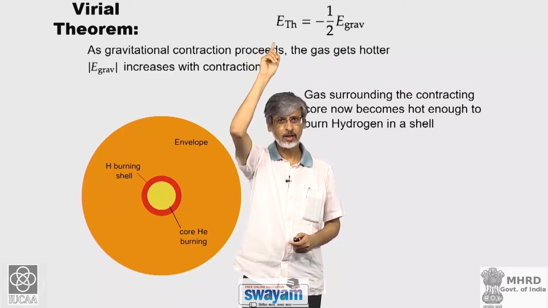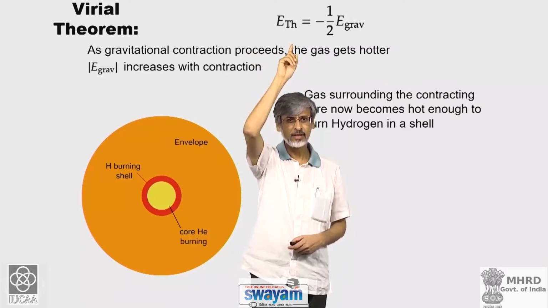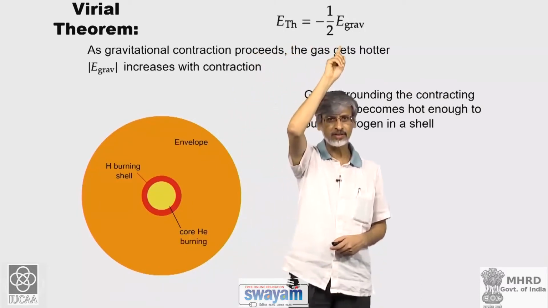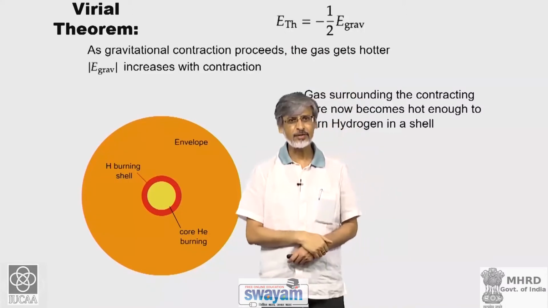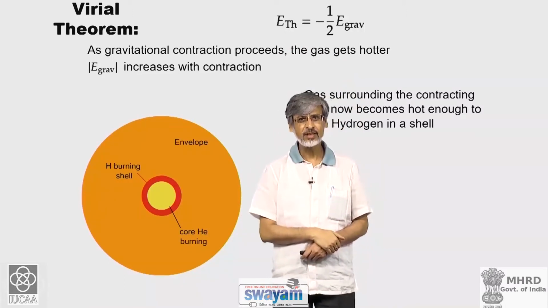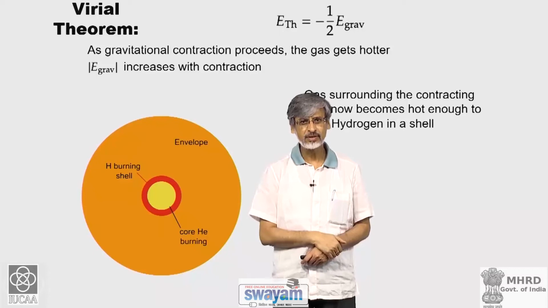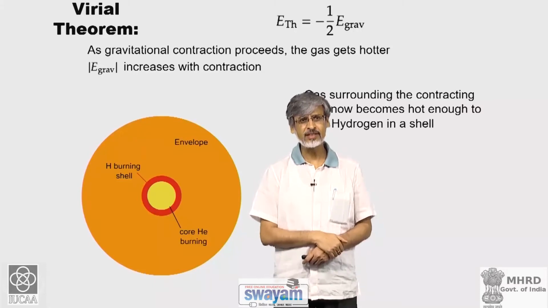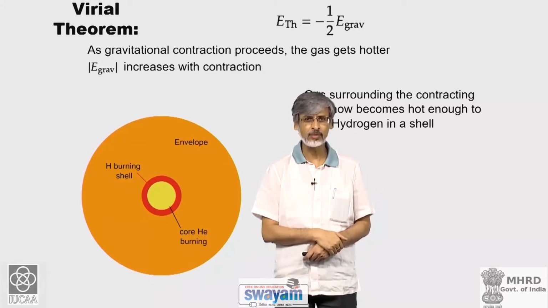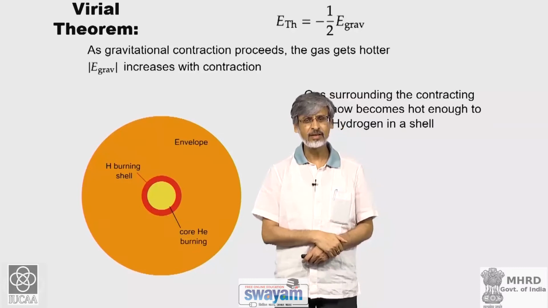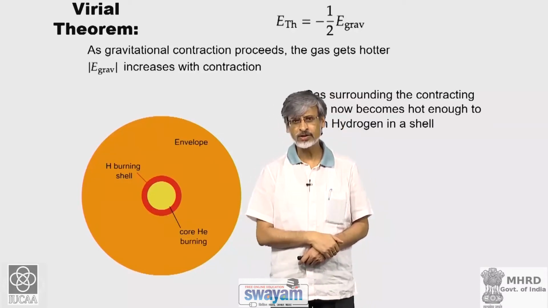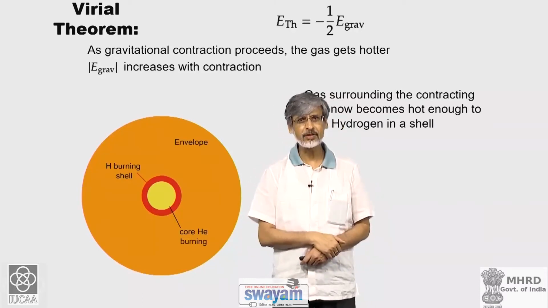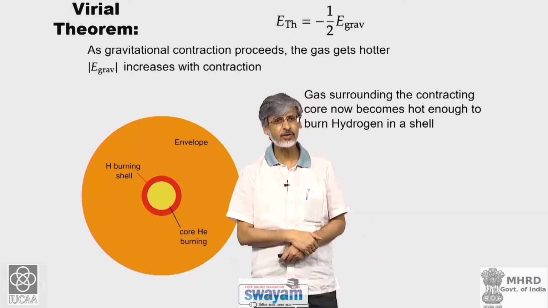That is, thermal energy is half of the gravitational binding energy. Now, as the gravitational binding energy rises, this actually leads to the net thermal energy also rising. 50% of the rise in the gravitational binding energy goes into thermal energy, and the other 50% is lost in radiation. As the gravitational contraction proceeds, the gas actually gets hotter.